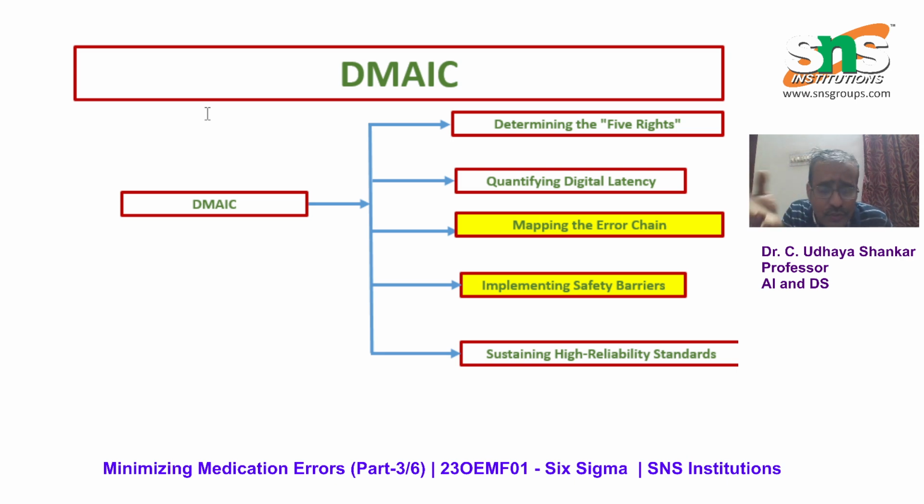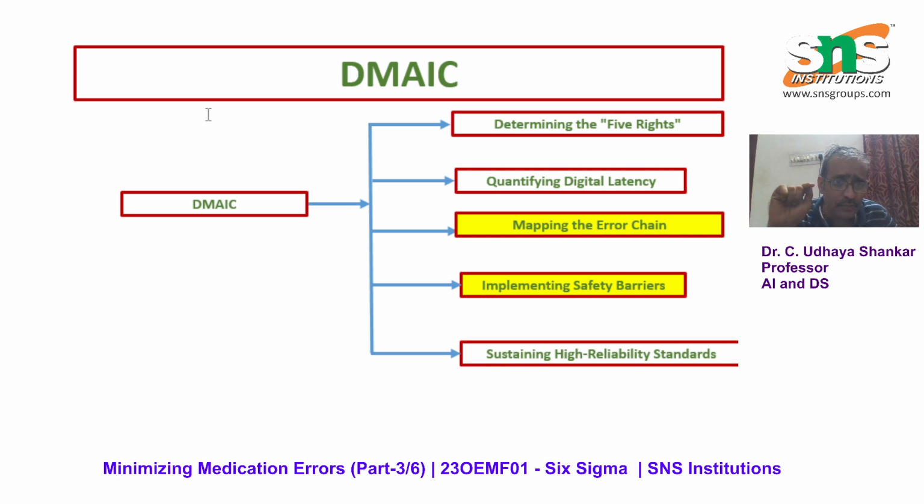Mapping the error chain means that the analyze phase utilizes tools like FMEA, that is failure mode and effects analysis, to proactively identify where the system is most likely to fail. By assigning the risk priority number, called RPN in short, to various steps such as handwritten prescriptions or sound-alike drug names, the team can pinpoint the most dangerous bottlenecks.